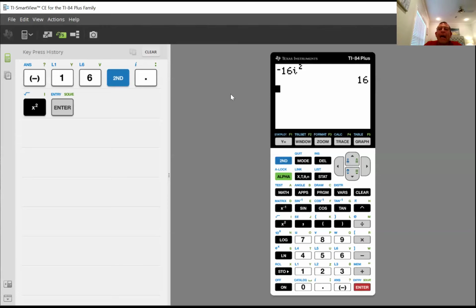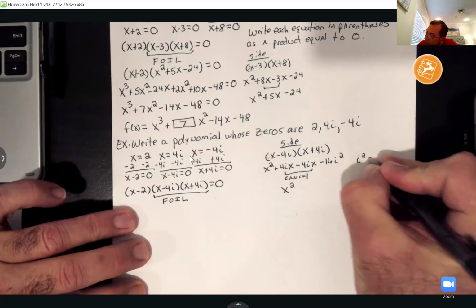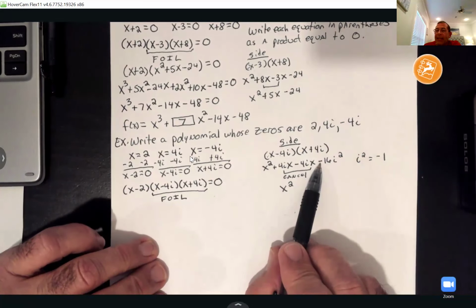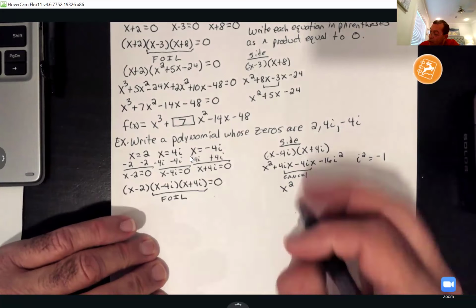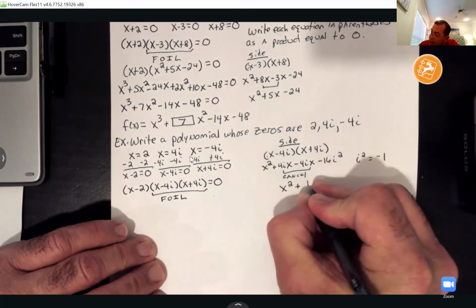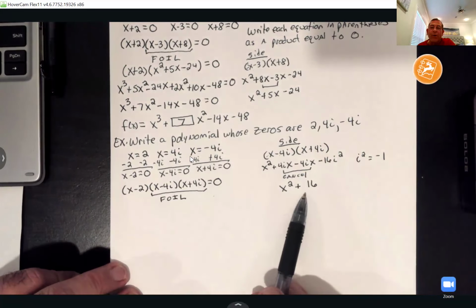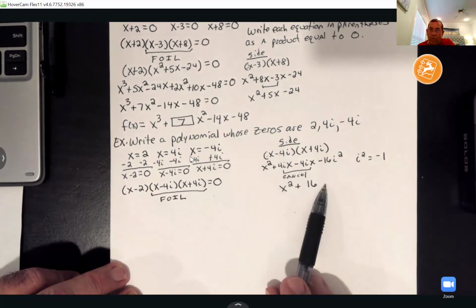That's because i squared equals negative 1. So remember that. i squared equals negative 1. So if you got a negative 16 times that negative 1, it's going to make it a positive 16. What do you notice? The i is gone.